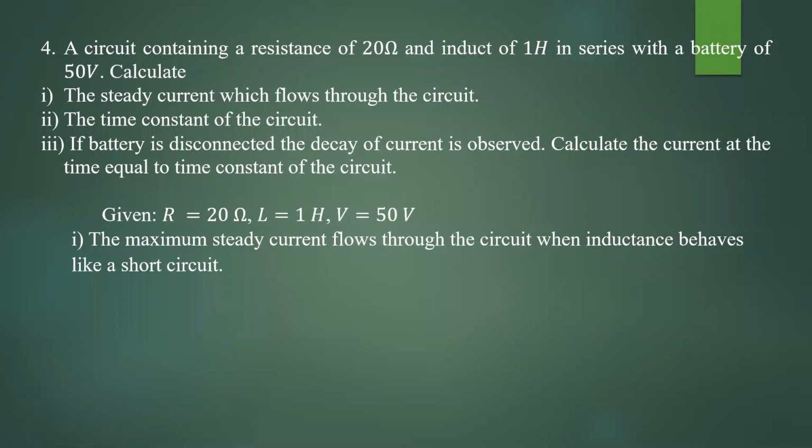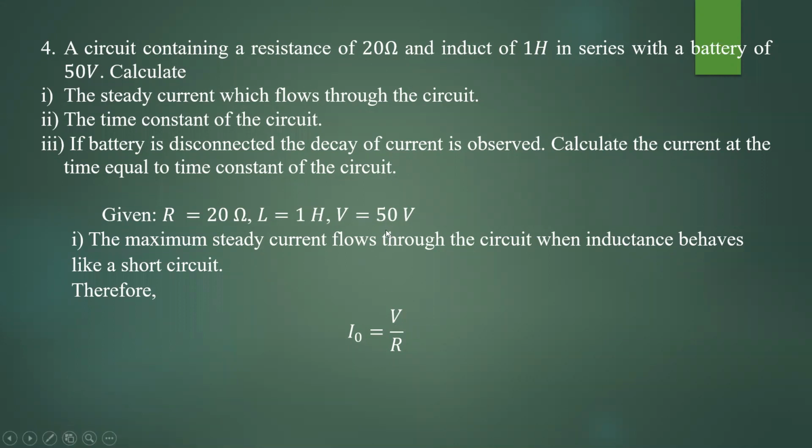What is that maximum steady current? Basically, that is given by I naught is equal to V by R in accordance with Ohm's law. When the inductor becomes a short circuit, its resistance is 0. Because of that, the maximum current flowing through the circuit will be equal to the battery voltage V divided by the value of the resistance R. So what is the value of V?